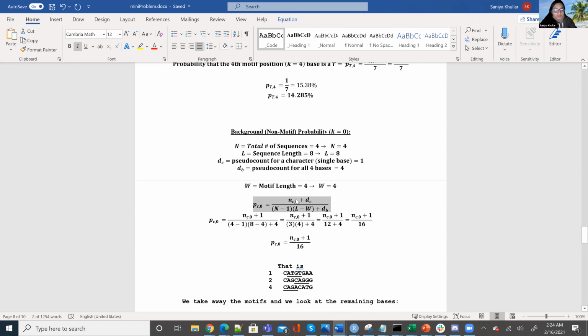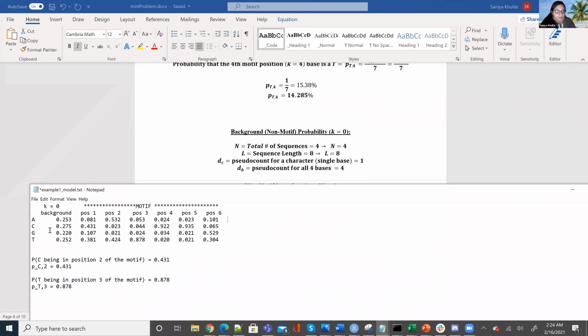And we will use NC0, which is the probability of having a given base in position zero of the motif. That's what this probability is. And this N is the number of times we found that base in position zero, that means in a non-motif position. So we're trying to find the probability of observing a particular base in a non-motif position. If we're not looking at motifs, what bases do we usually expect?